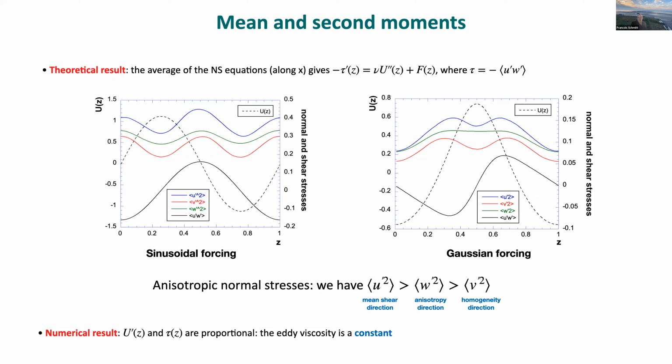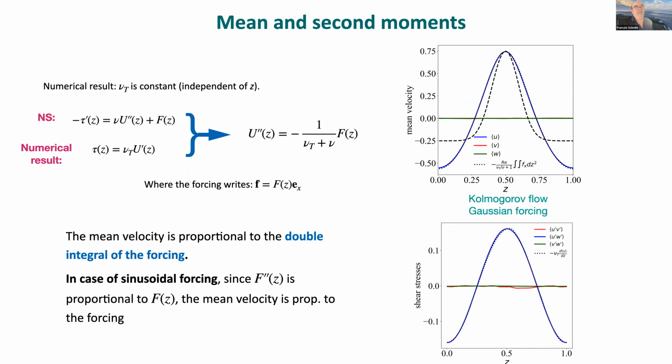And another important result, which is numerical, is the fact that U prime and tau, the shear stress, are proportional. So it means that the eddy viscosity is a constant for this flow. So it's a surprising result. And if we use both results, where the first line is the Navier-Stokes equation, and the second one is our numerical result, if we combine the two, we obtain the shape of the mean velocity versus the forcing.